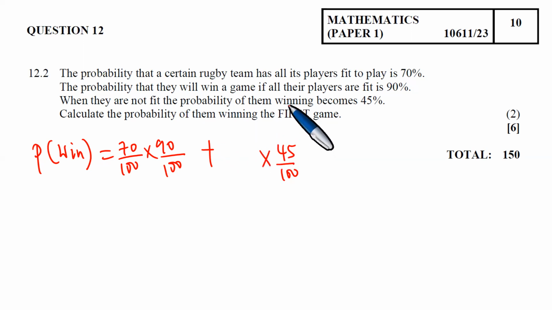But there's a chance of winning. The probability of them winning is this, but you also have to consider the probability of all players being fit. Here, when they are not fit, the probability of them being not fit is 100 minus 70, which is 30%, 30 over 100.